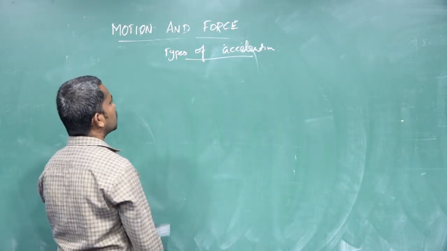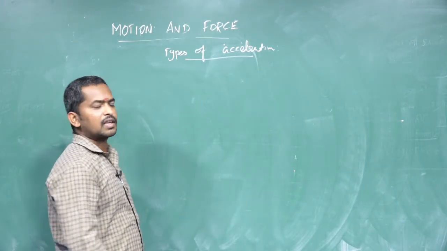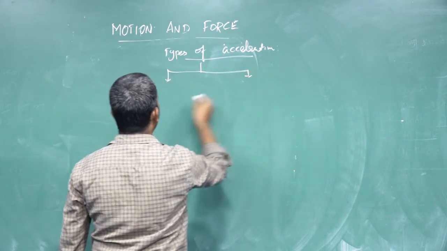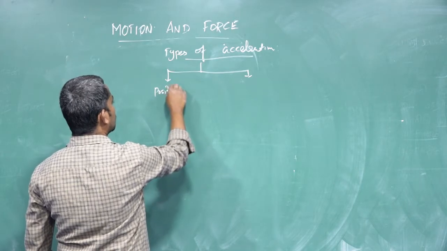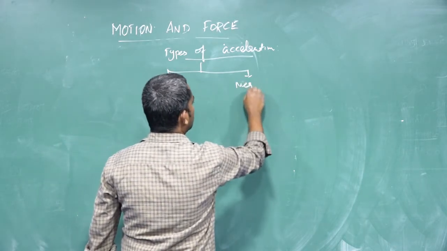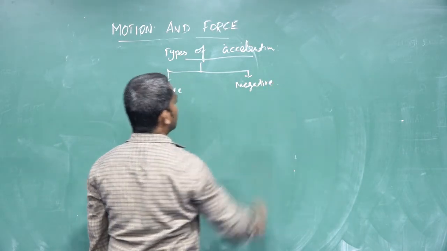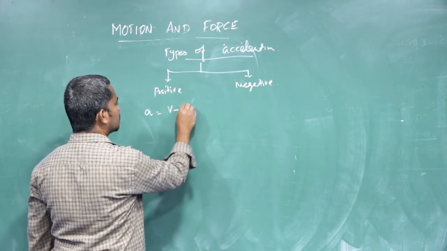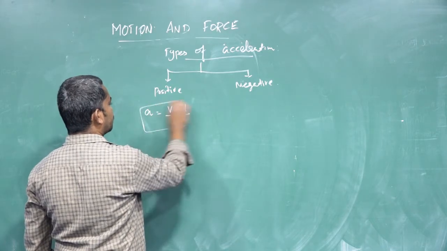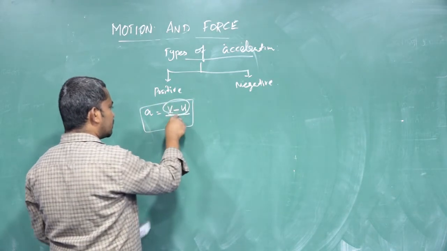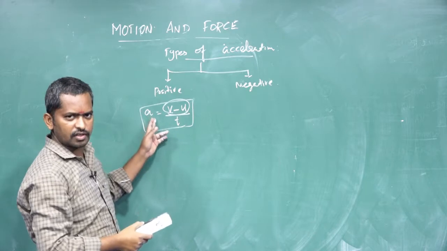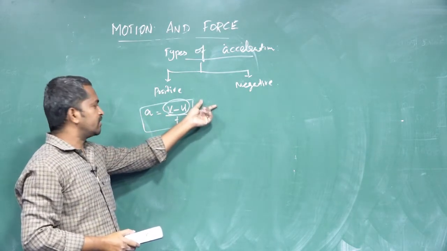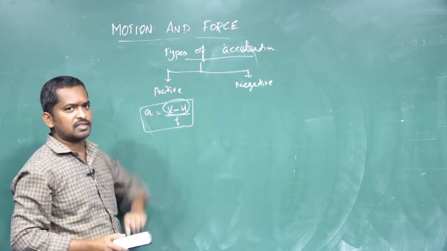Next is types of acceleration. One is positive acceleration, another one is negative acceleration. What do you mean by positive acceleration? Acceleration a is equal to final velocity minus initial velocity divided by time. The rate of change of velocity increasing with respect to time is called positive acceleration.